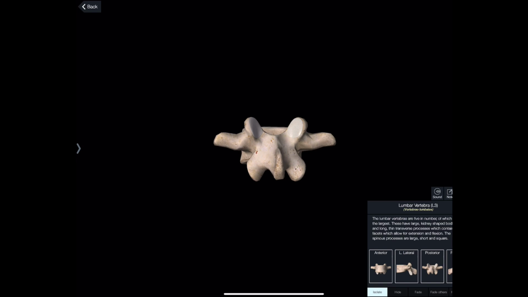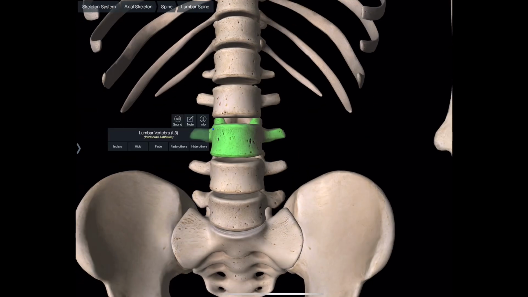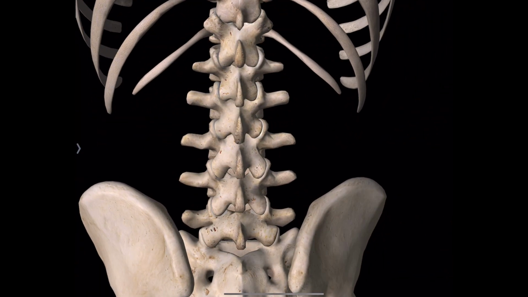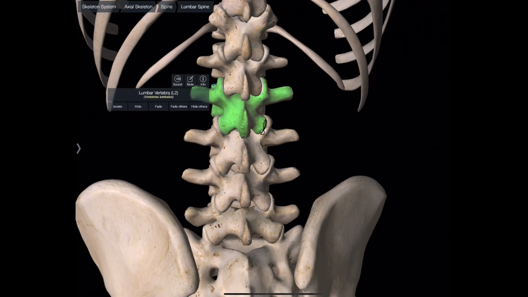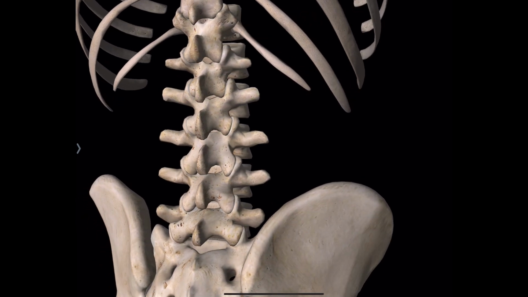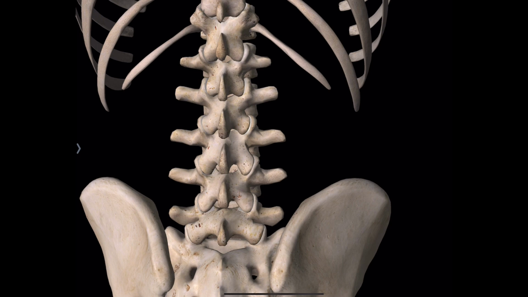If we go back and look at the whole skeleton again, and look at how the facets come together here, you can visualize that if a vertebra was going to try to rotate right and left, these two bones are going to bump into each other, and there's not going to be a lot of rotation available the way those facets are oriented.